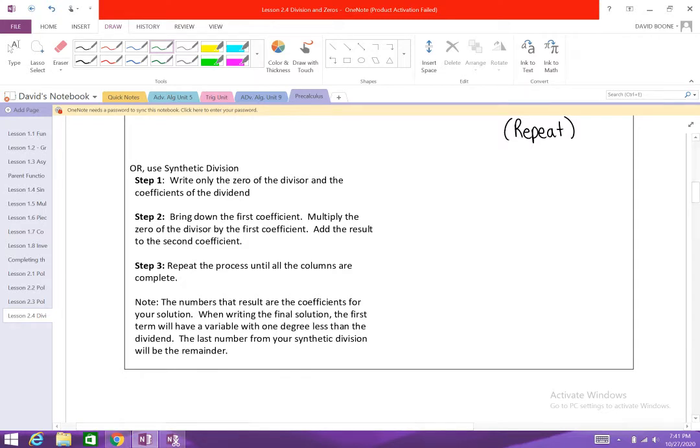So again, we're taking that original problem, which was x to the third plus x squared minus 5x minus 2, and we're dividing that by x minus 2.